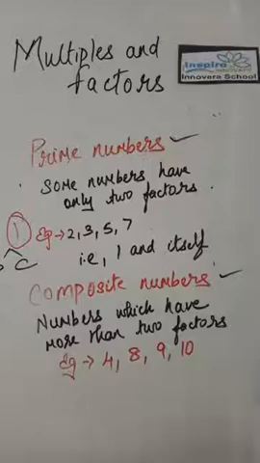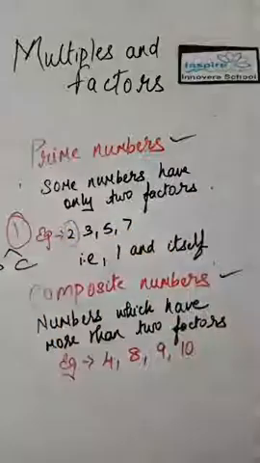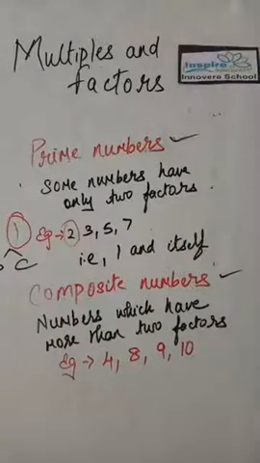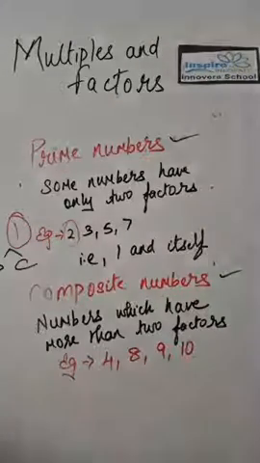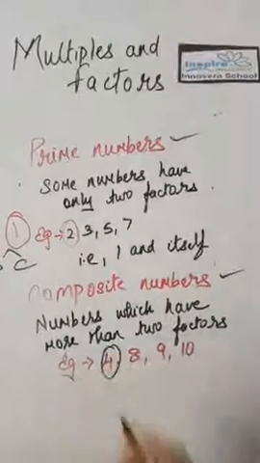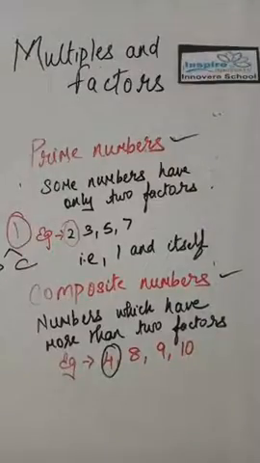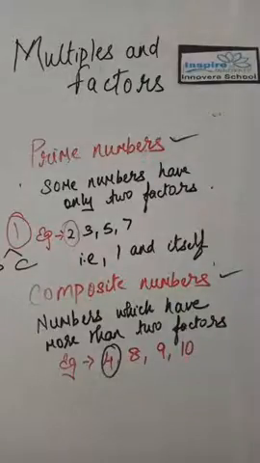Yes, the smallest prime number is 2. And the smallest composite number is what? 4. Yes, very good. The smallest prime number is 2 and the smallest composite number is 4.